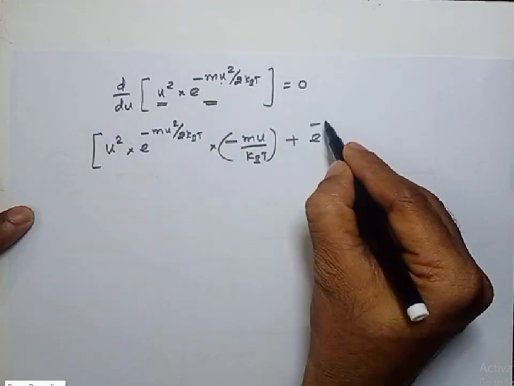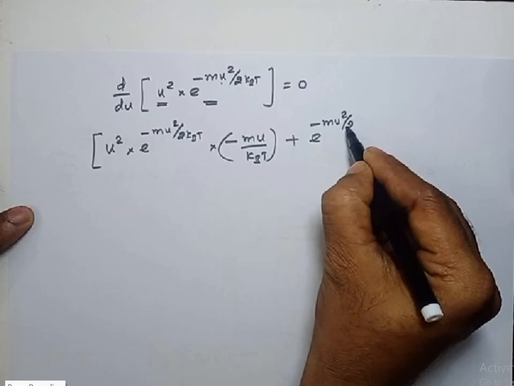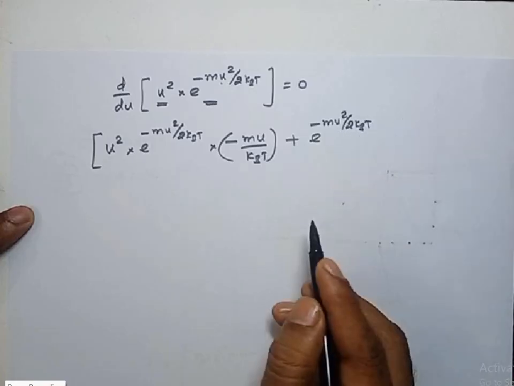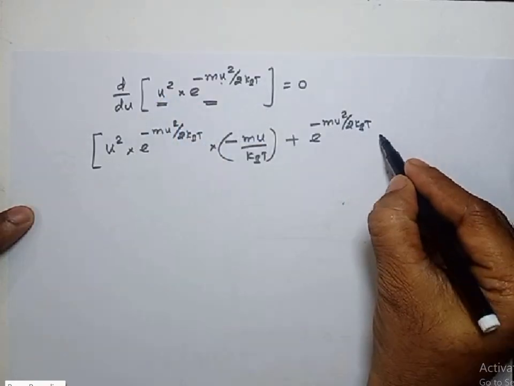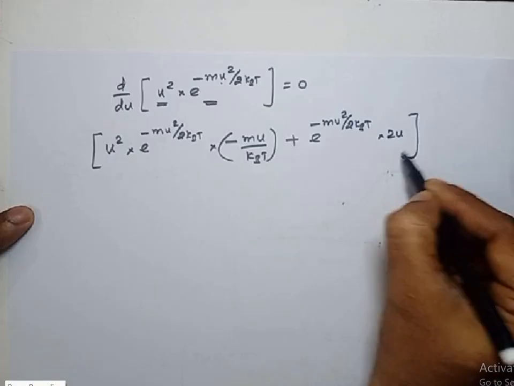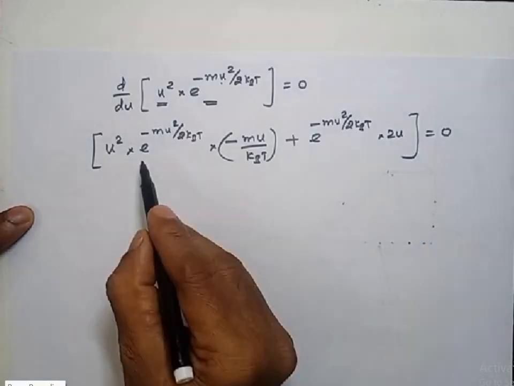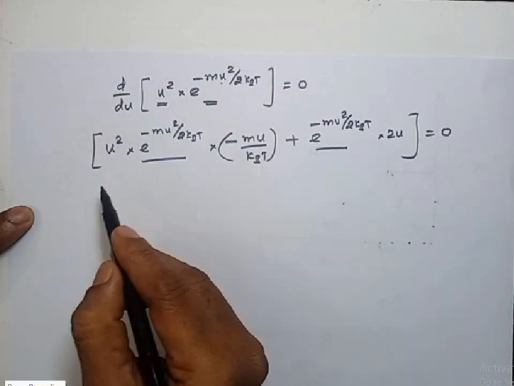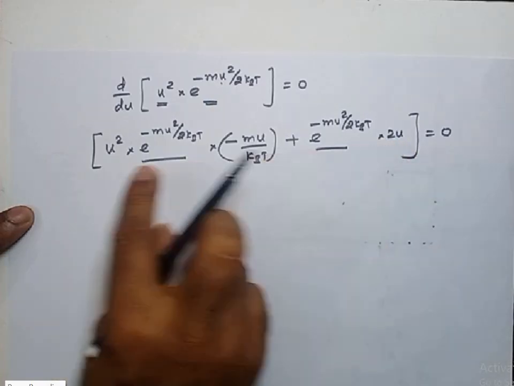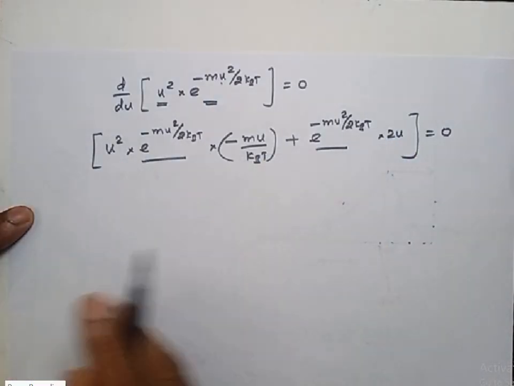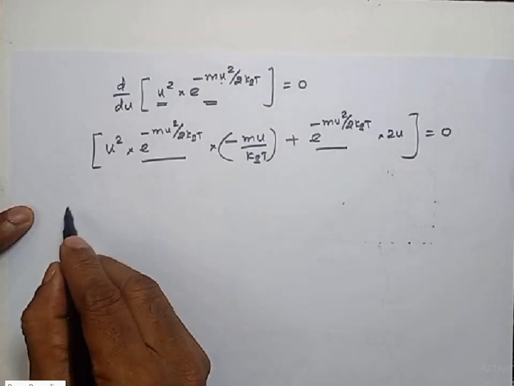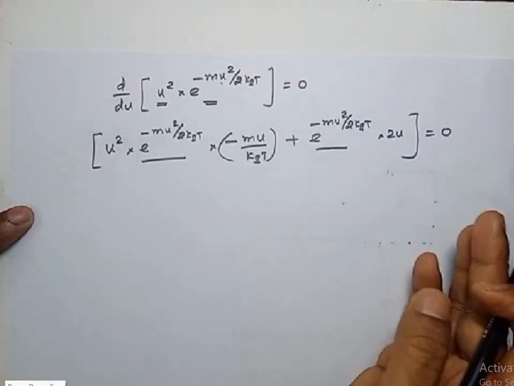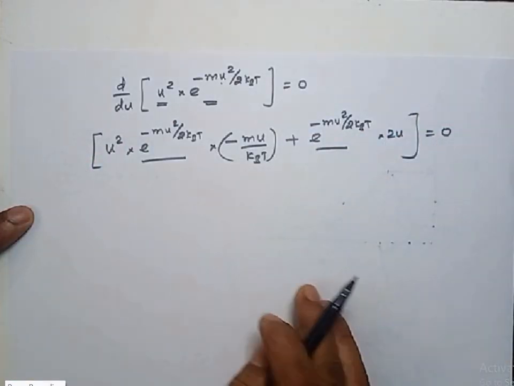Keep the exponential term as such and differentiate u square. If you differentiate u square, you get 2u, and the whole thing equals 0. Now I can take this exponential term as common, and u also as common. So we bring all the terms to this side, and the right hand side becomes 0.